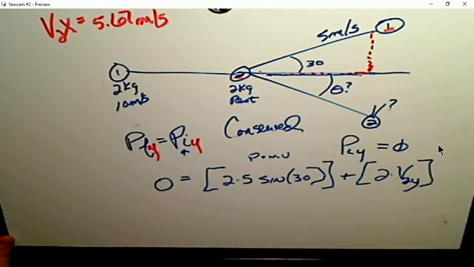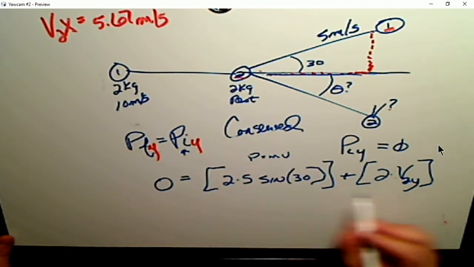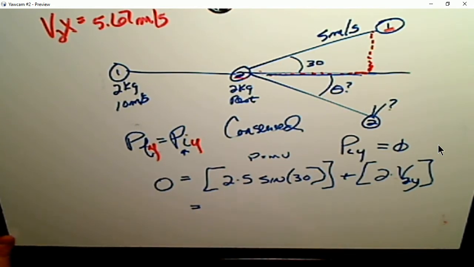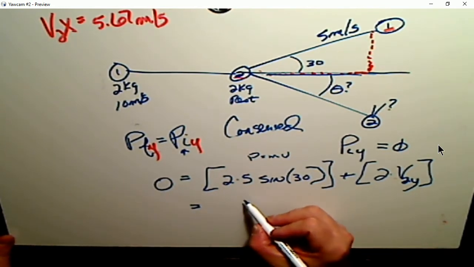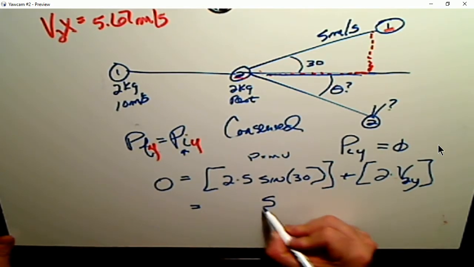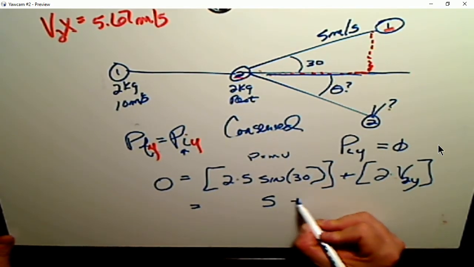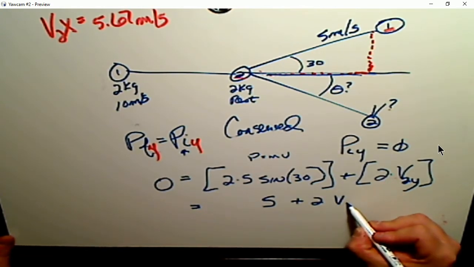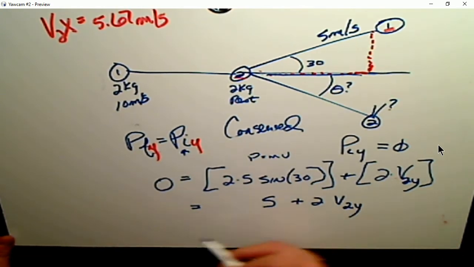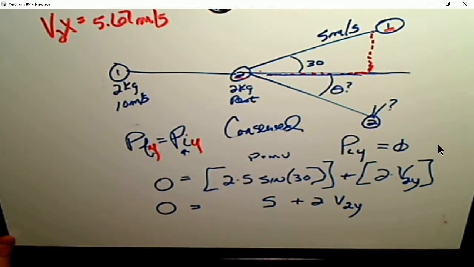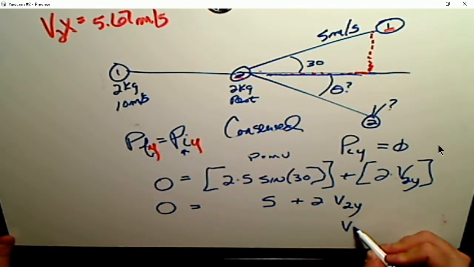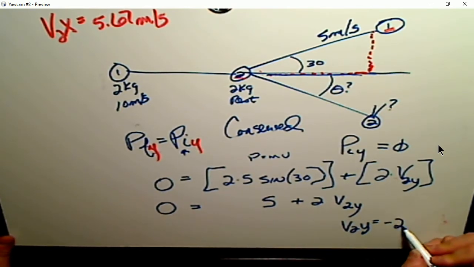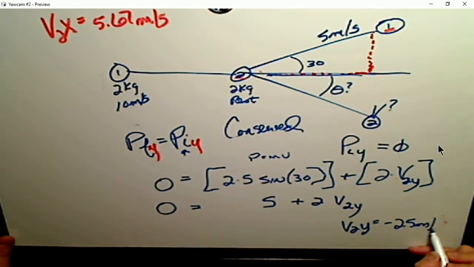We're solving for that. And those two together must equal 0. What you end up with if you do this is 5 plus 2 times velocity of 2 in the y equals 0. Velocity of 2 in the y is equal to, of course, negative 2.5 meters per second.